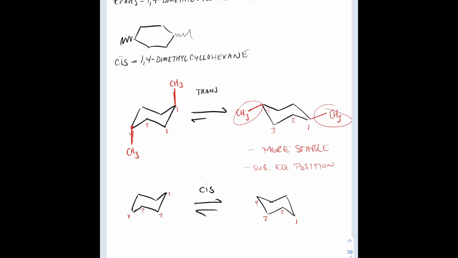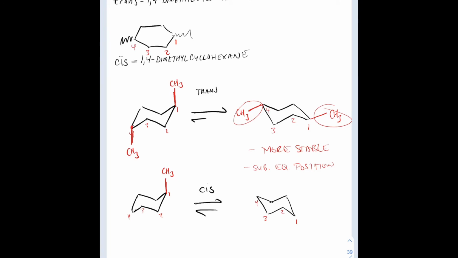Again, we can pretty much put that methyl group wherever we want. So let's go ahead and draw that methyl in on the axial position. And since this is the 1, 2, 3, 4, sorry, I'm probably confusing you with the way I'm numbering these.